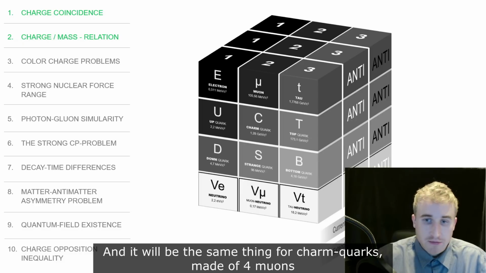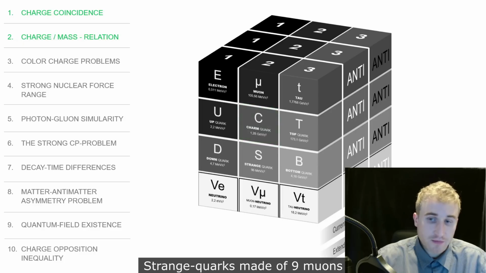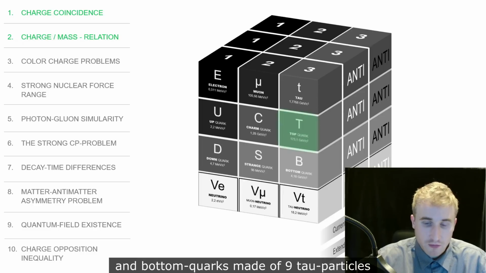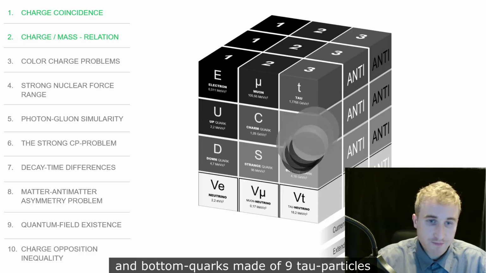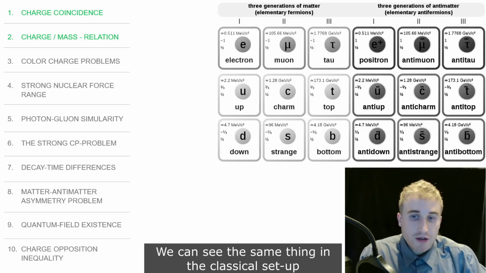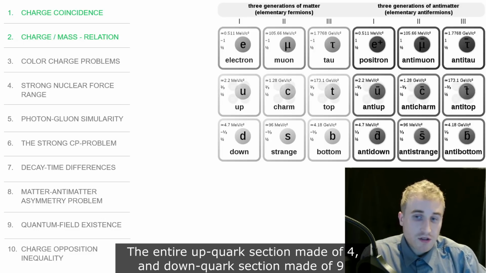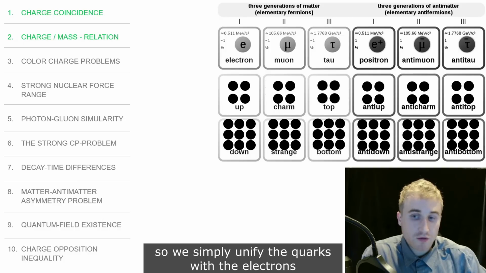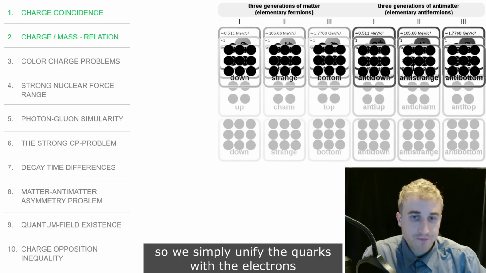And it will be the same thing for charm quarks made of 4 muons, strange quarks made of 9 muons, top quarks made of 4 tau particles, and bottom quarks made of 9 tau particles. We can see the same thing in the classical setup, the entire up quark section made of 4 and down quark section made of 9, so we simply unified the quarks with the electrons.